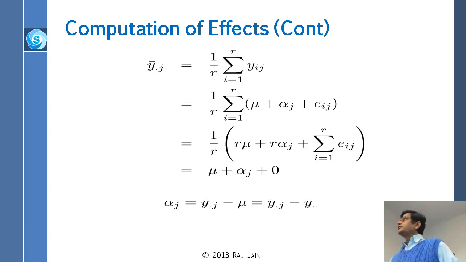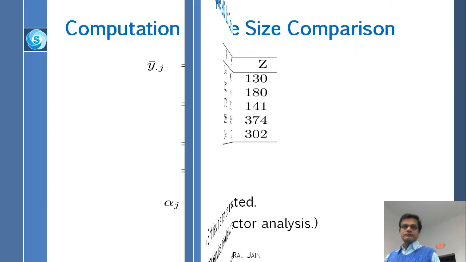If you do this, 1 upon r, you add up, you get r mu plus r alpha j plus a term that adds up to 0, and so you get mu plus alpha j. Therefore alpha j equals y bar dot j minus mu, which is y bar dot dot. This is how you can calculate alpha j for j equal to 1, 2, 3, up to 10.